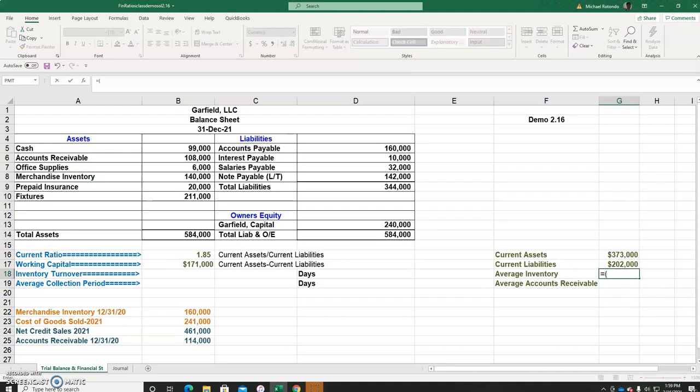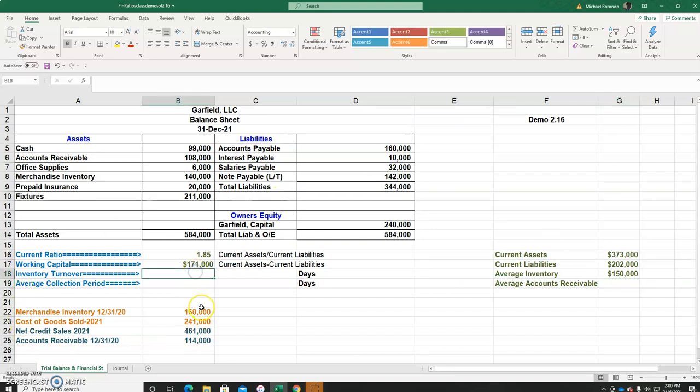So we're going to take the 160 that we had at the end of last year, plus the 140 that we have at the end of this year, and divide that by 2. So that gives us our average inventory. Not a perfect measure of that, but it gives us a basis to do the ratio on.